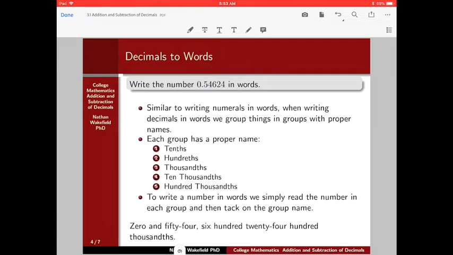In all practicality, we talk about this, but to be honest, I don't know anybody that really talks about it that way. Basically, people might talk about the tenths and hundredths places, but beyond tenths and hundredths, people are just going to talk about the actual number itself and say something like 0.54624. So the book does make a big deal of this. You can read the section in the book.